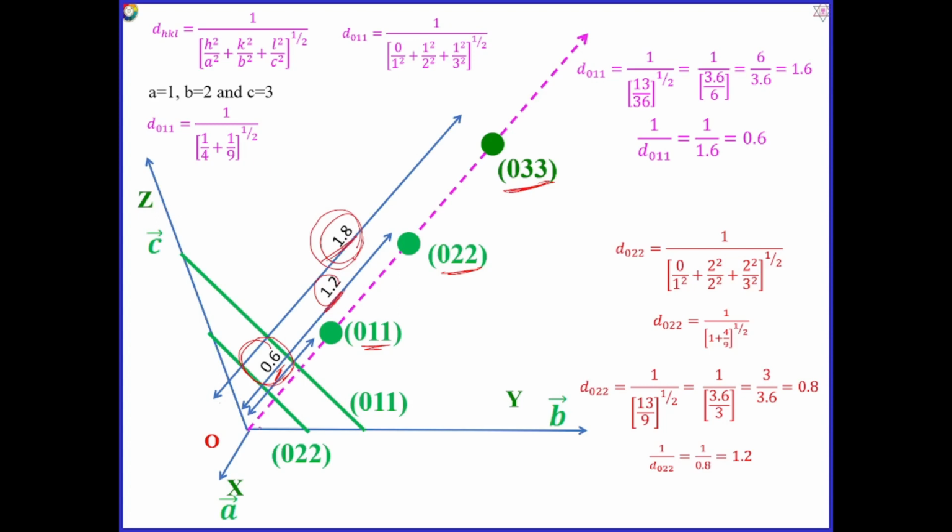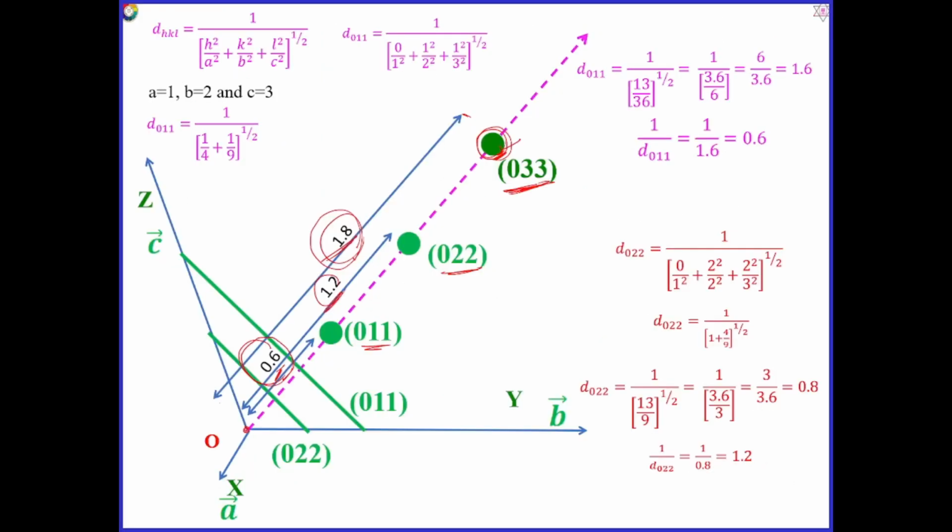That means from this origin at 1.8 length we put the reciprocal lattice point as 033. So this 033 point represents the set of planes belonging to 033.